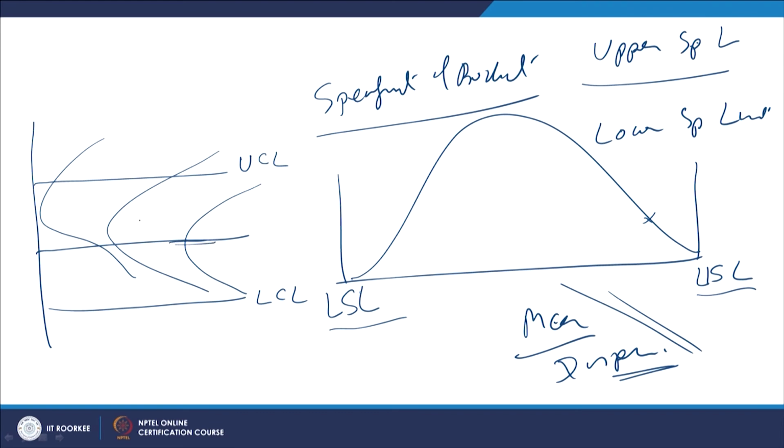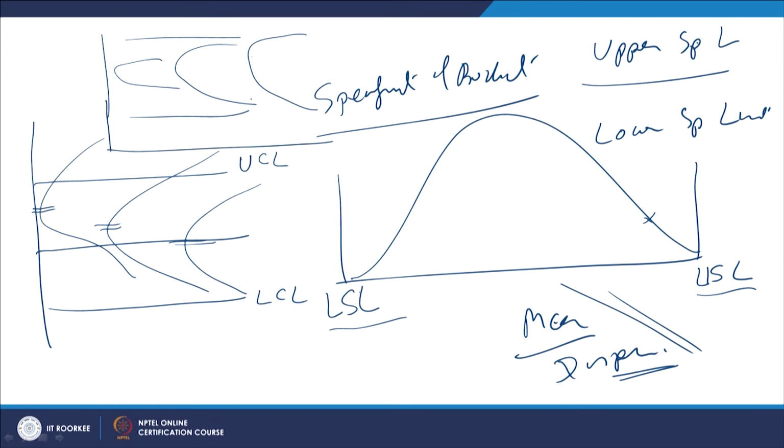Say there is a process average, this is the shifting process average here what we can see, and the dispersion is still same. There is another possibility where the dispersion is increasing like this. But still if you see the lower control limit, upper control limit, and if the upper specification limit is further away, then it is fine.